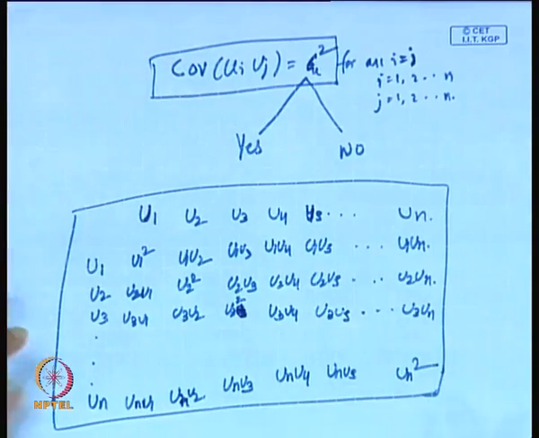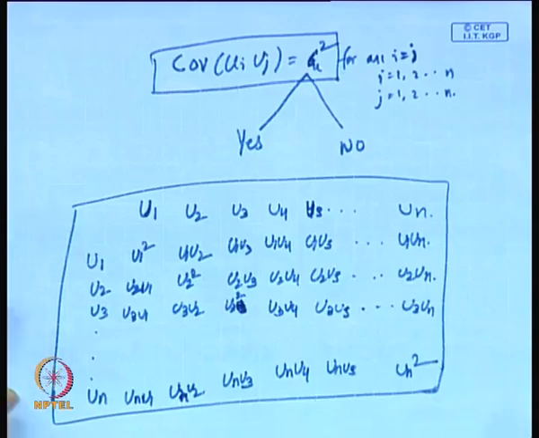This is how the complete variance covariance matrix looks, where there are n error terms. We start with a single error term, say u1, then create several error terms u2, u3, u4, u5 up to un. Now if you put in a time series aspect, it will start like this: ut minus 1, ut minus 2, ut minus 3, up to ut minus k.